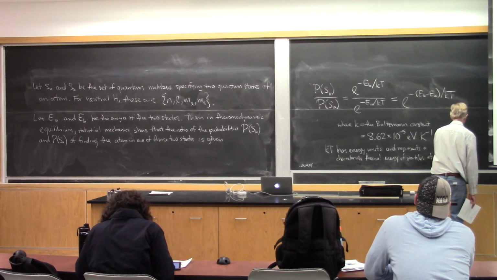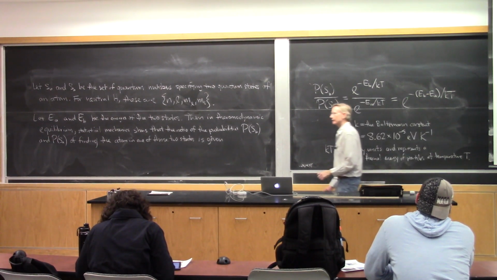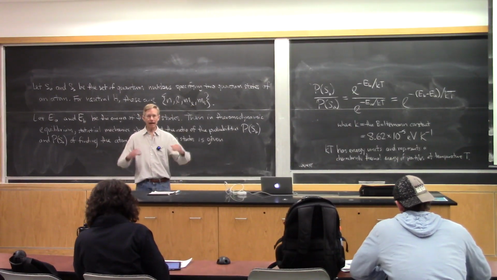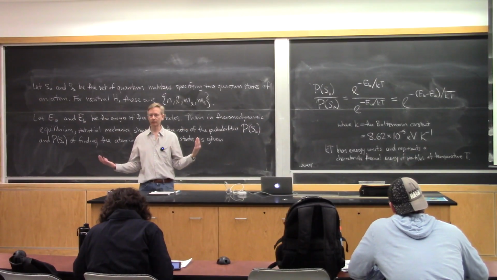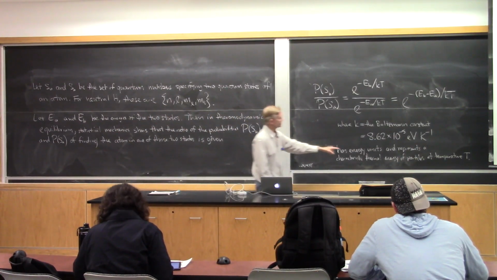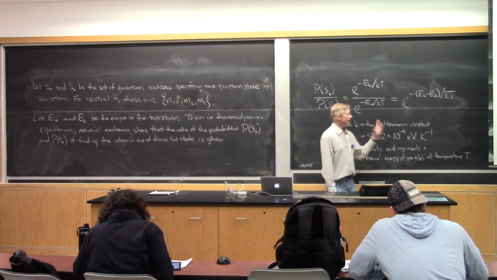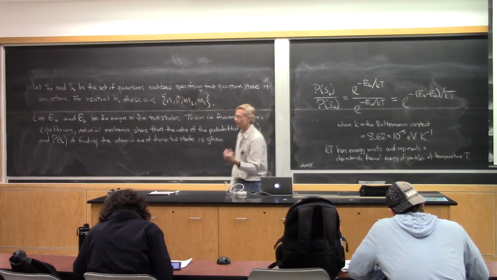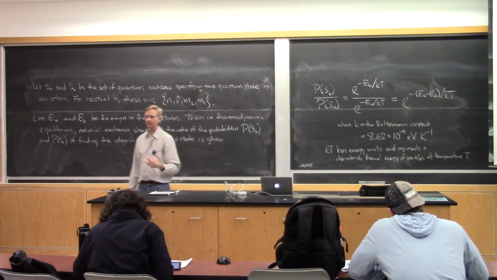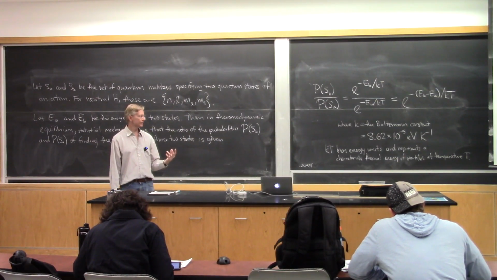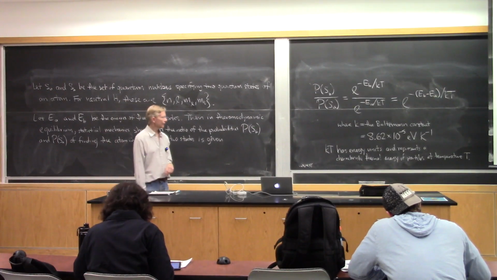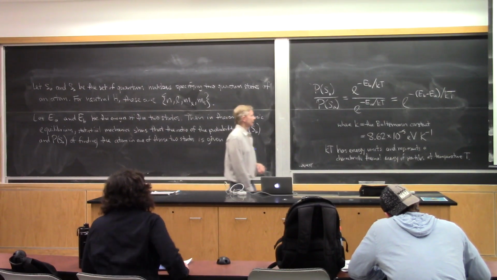Remember, we said that temperature is a measure of the average thermal energy per particle. This is directly related to that. In other words, kT is pretty close to the average thermal energy per particle at temperature T, and in those units it would tell us what it was in electron volts, for example.